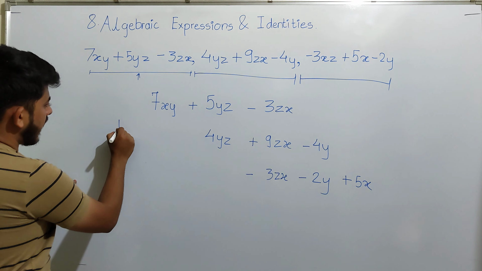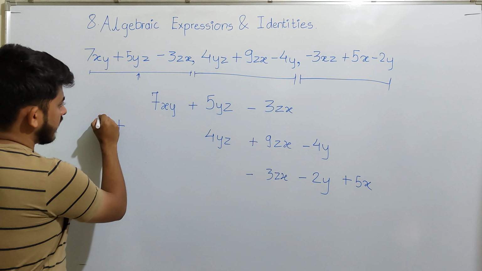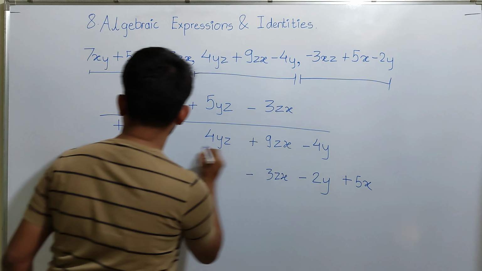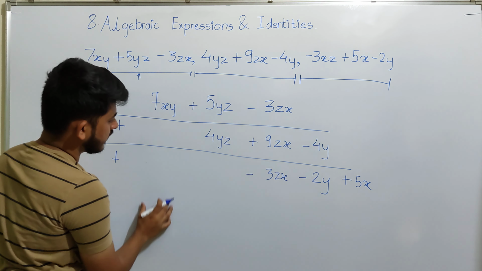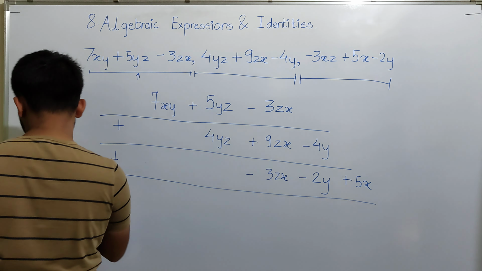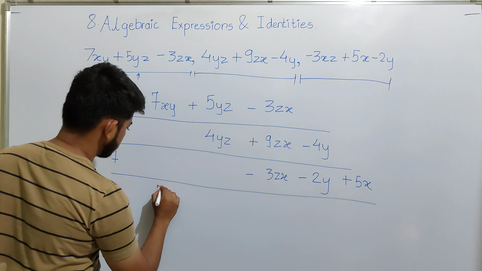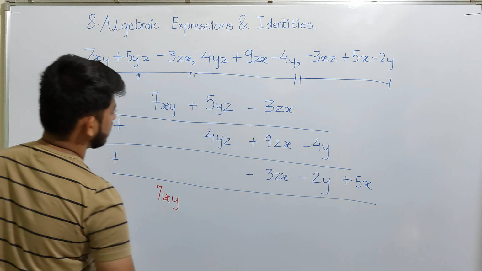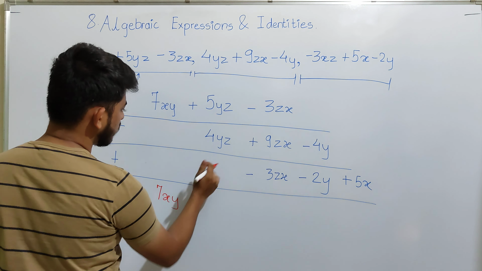Now we have to add this. Do we have any xy? No, we don't. So I'll write 7xy. Do we have yz? Yes, we have 5 plus 4, 9.